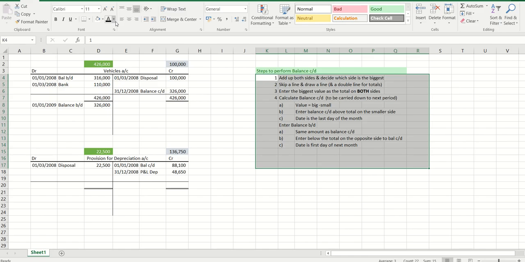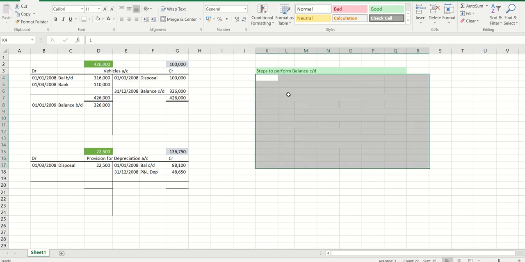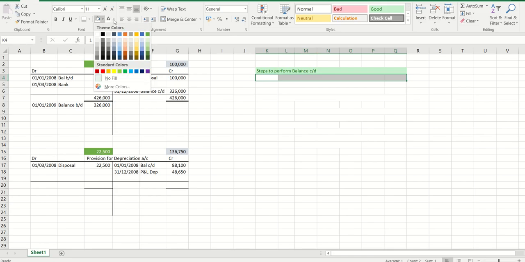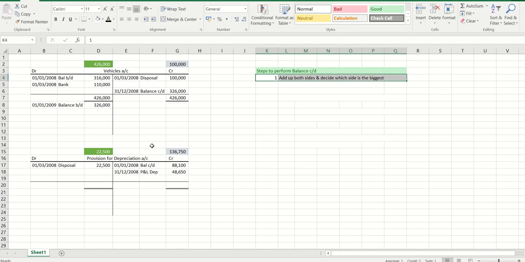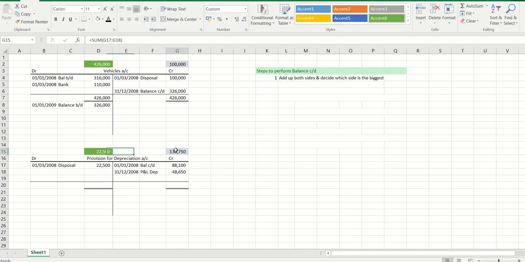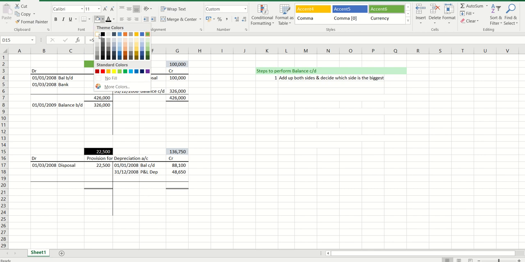Okay, so we're going to run these steps again, guys, for the provision for depreciation account. So I'm just going to take you through them once more, just so we have it. Step 1, we're going to add up both sides and decide which side is the biggest. So this time, it's not going to be this guy.